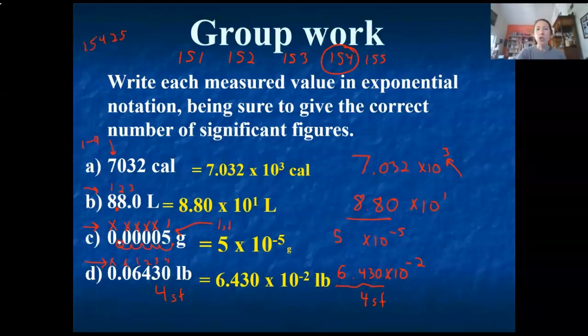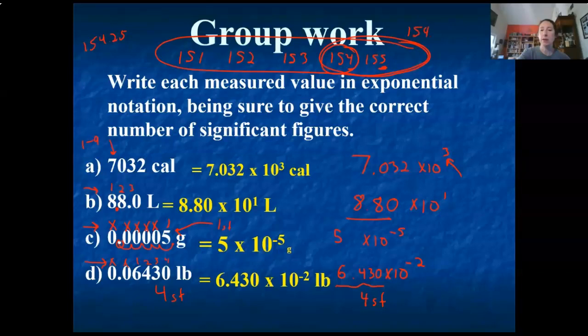All you would know is that you were in between 154 and 155. So all you know is to the precision of this number here. You don't know beyond it. If you said, I weighed myself on the scale and it says I weigh 154.1 or 25 pounds, there's no way you would know that from this scale.